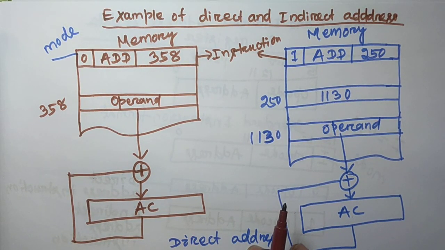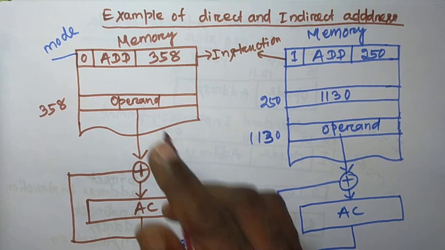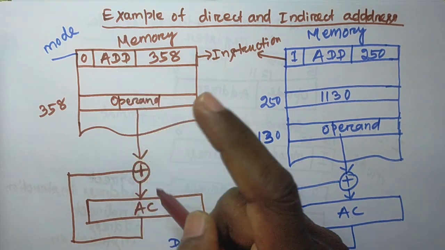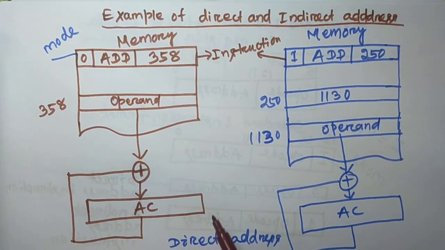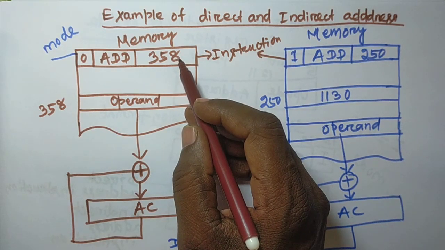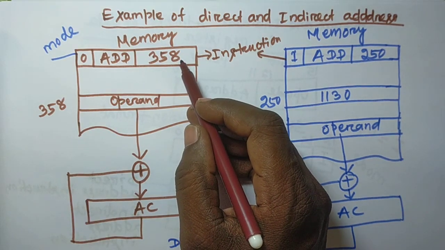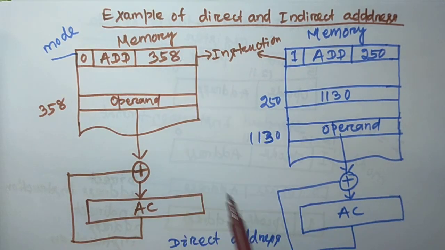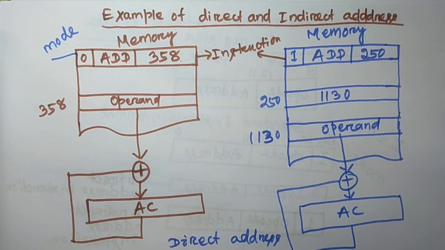Since this ADD operation has only one operand, one address, which register will we use?